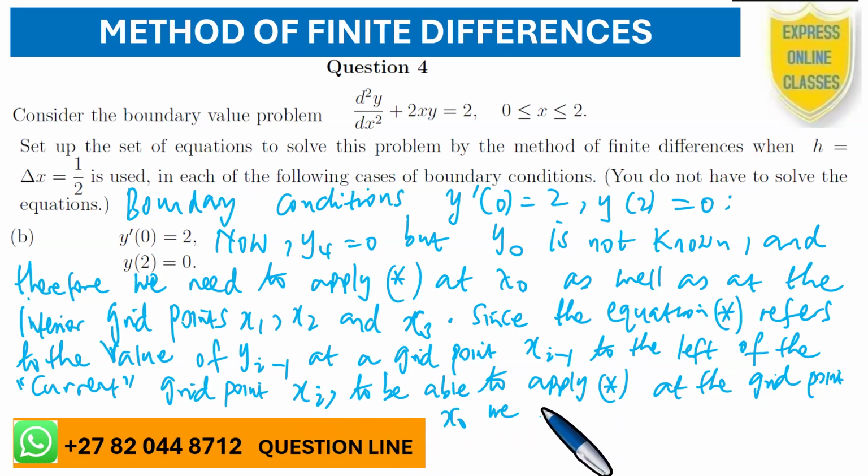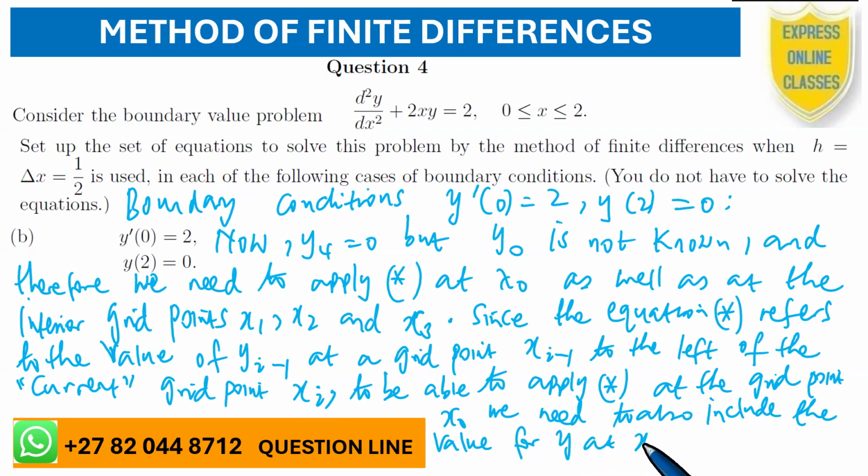we need to also include the value for y at x i minus 1, which is minus 0.5.